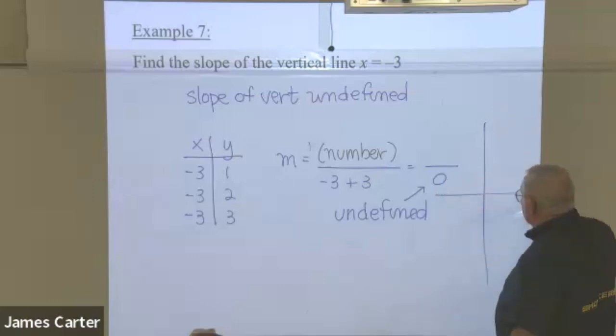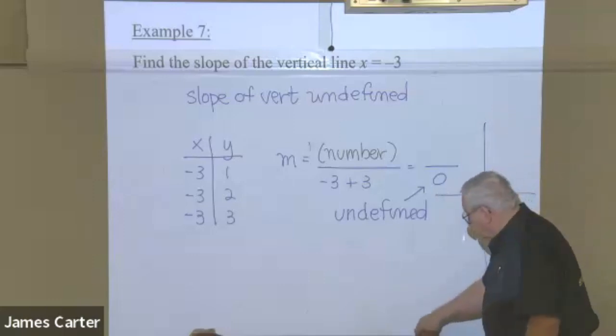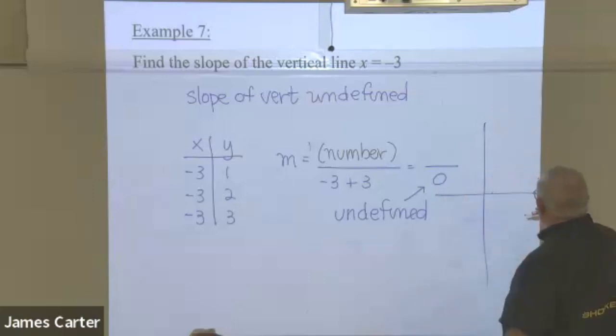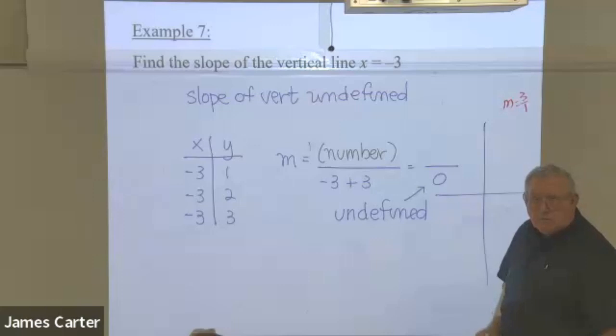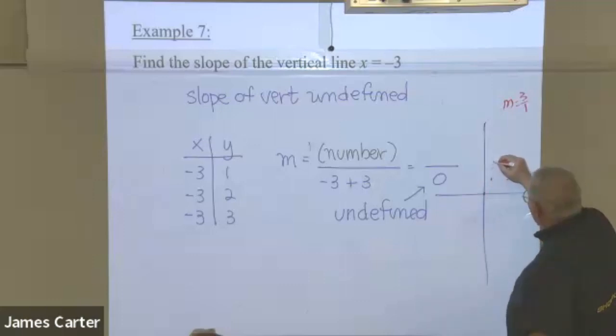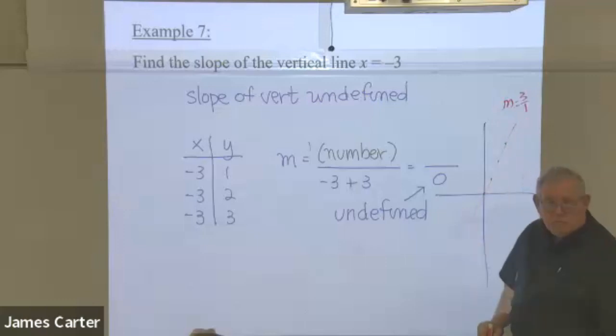Graph paper. Okay. If I have a slope of 3 over 1, and I start at this anchor point, that means I'm going to go up 3 over 1, up 3 over 1, up 3 over 1, up 3 over 1, and I'm gonna have a line like so, right?